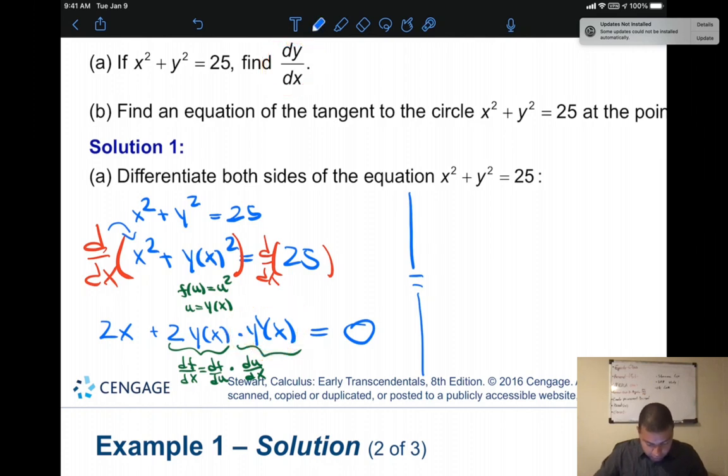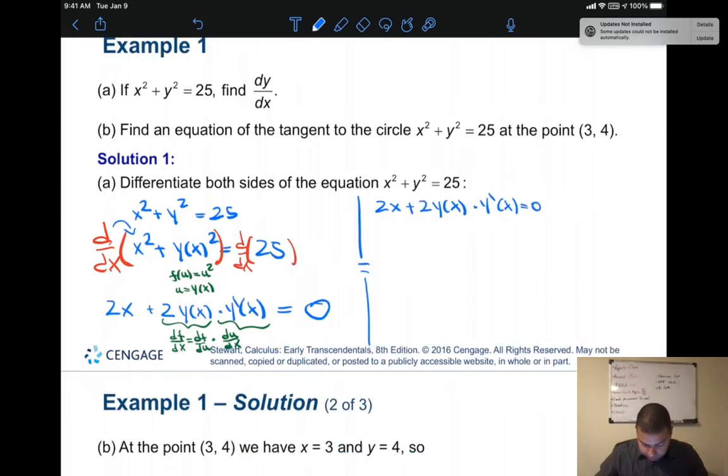So I'm going to do 2x plus 2y of x, y prime of x equals 0. Zoom out a little bit more. And then, okay, I want to solve for this. So I subtract 2x. Can cancel the 2's.